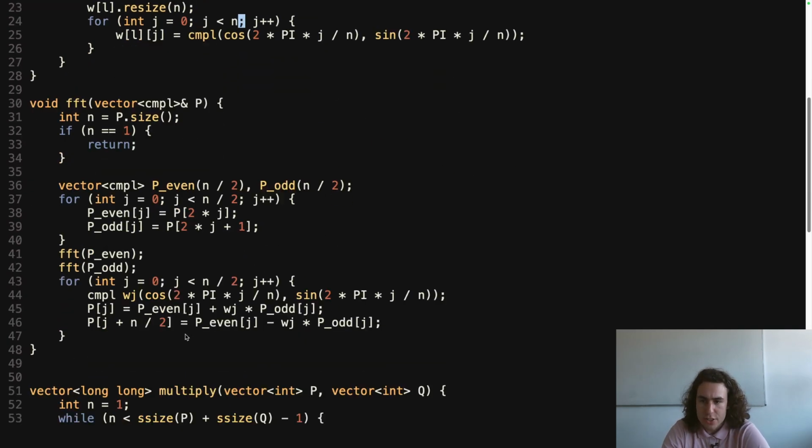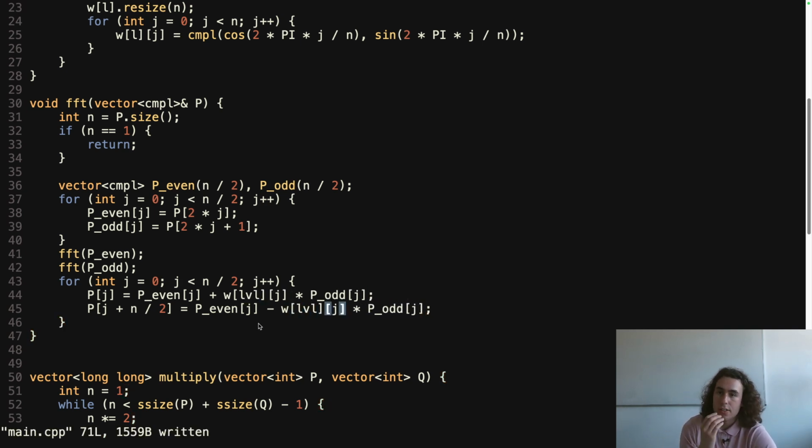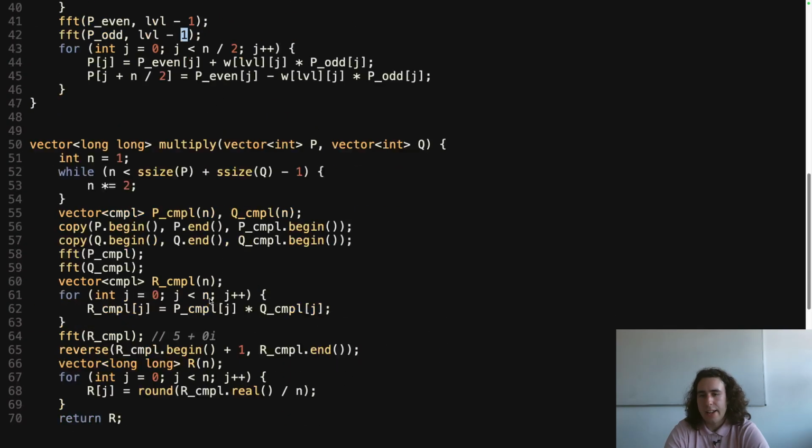And now we just need to replace this wj by wj from our level, w level j, depending on what level of recursion we are. Well, we don't know the level of recursion. Let's just pass it for simplicity. We'll have the level of recursion here. When we recurse, it's one smaller. And then here we also need to calculate it.